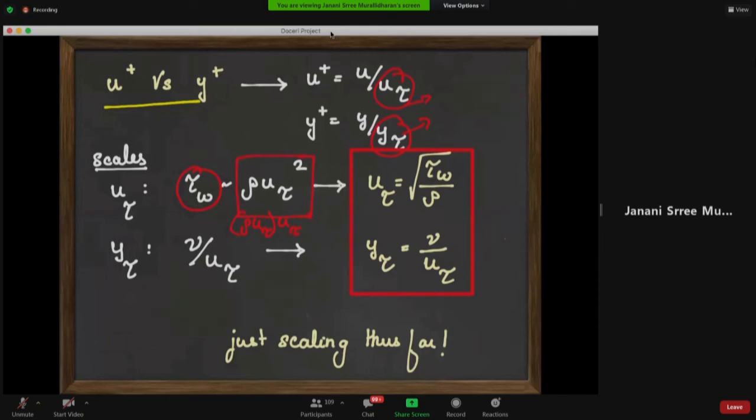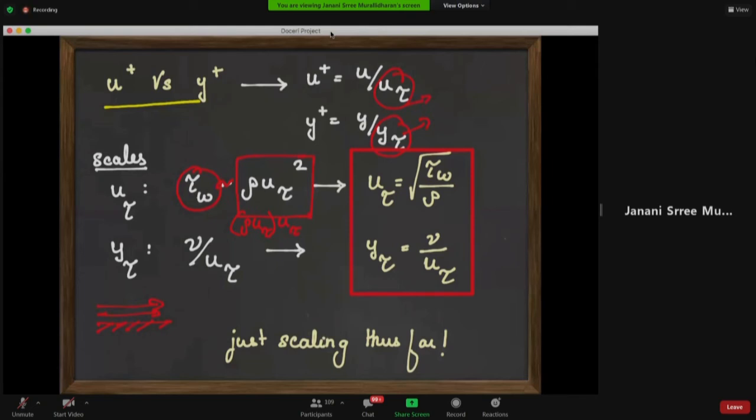It is really the convective component which is causing that movement next to the layer of fluid. There's a solid layer and there's movement here, so the wall shear depends on this movement.